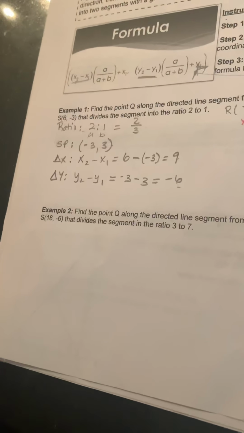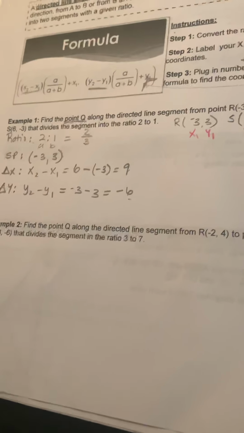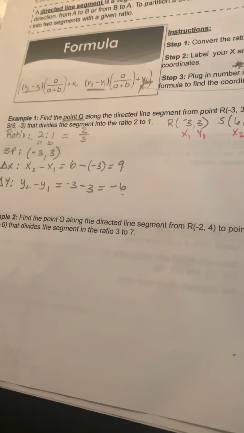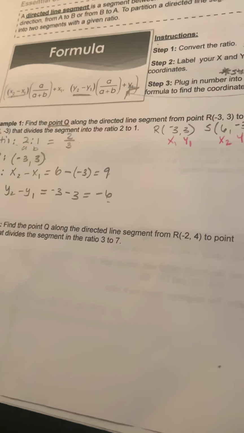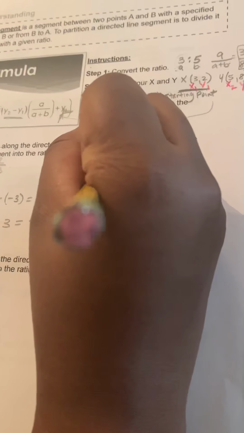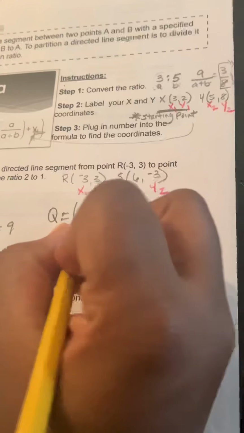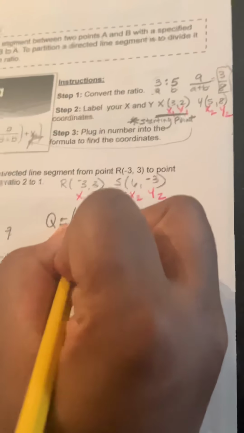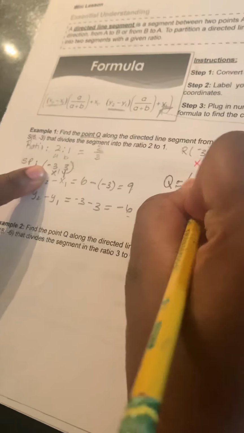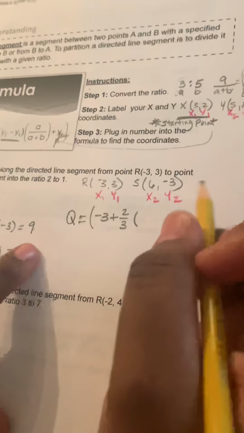Now all I have to do is plug it in to find point Q, the coordinate where the segment will be partitioned. Point Q is equal to my starting point, x value -3, and y, plus my ratio, 2/3, times the change in x.